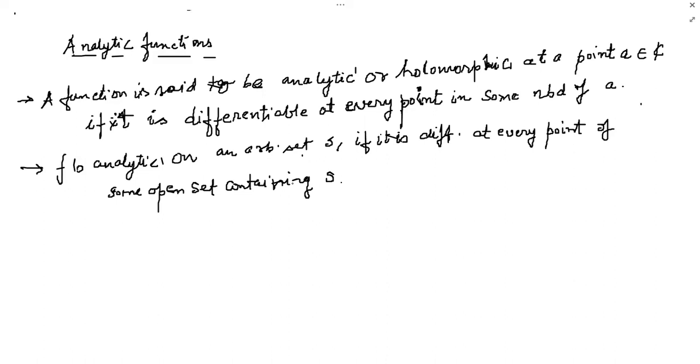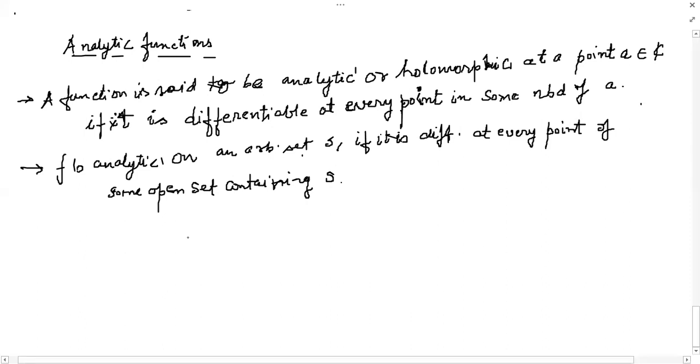And what is a neighborhood? A neighborhood is after all an open disk, an open set. Same way, if we have to extend this definition to set S, then f is said to be analytic on an arbitrary set S if it is differentiable at every point of some open set containing S. On similar lines, we've written the definition for analyticity on the set S.